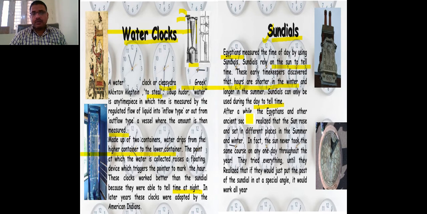After a while, the Egyptians and other ancient societies realized that the sun rose and set in different places in summer and winter. That means at different times the sun rises and sets in different places.